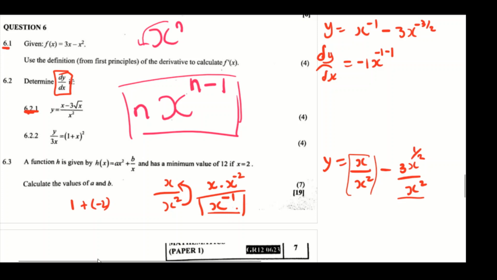Let's continue. So here we're just going to have minus the 3, which was already there, and then we drop the minus 3 over 2 and say x to the power of minus 3 over 2 minus 1, right? And then dy over dx is equals to minus x to the power of minus 2. And then this 3 and this 3 is going to multiply to be 9.